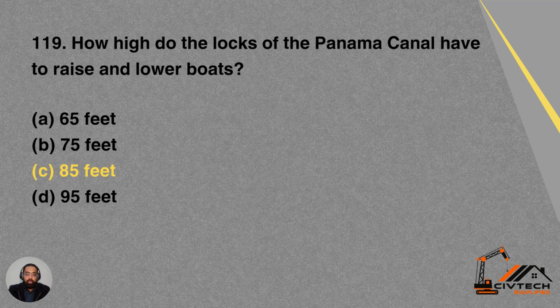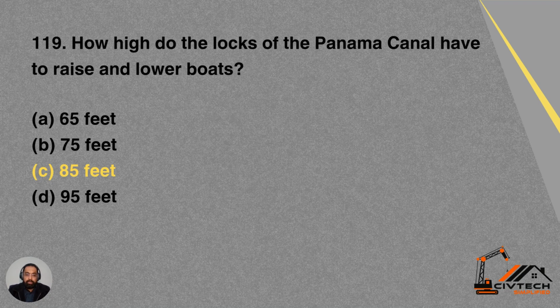answer. 119. How high do the locks of the Panama Canal have to raise and lower boats? Option A is 65 feet, option B is 75 feet, option C is 85 feet, option D is 95 feet.